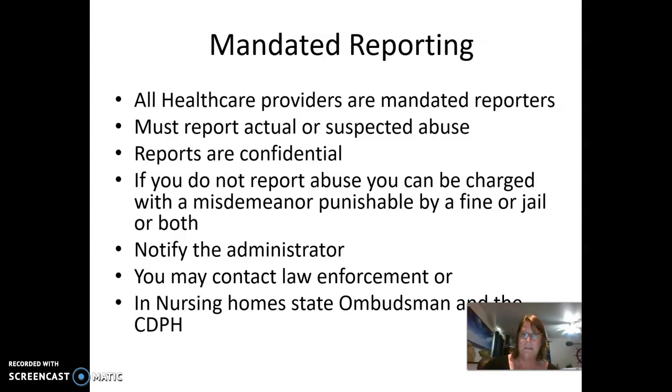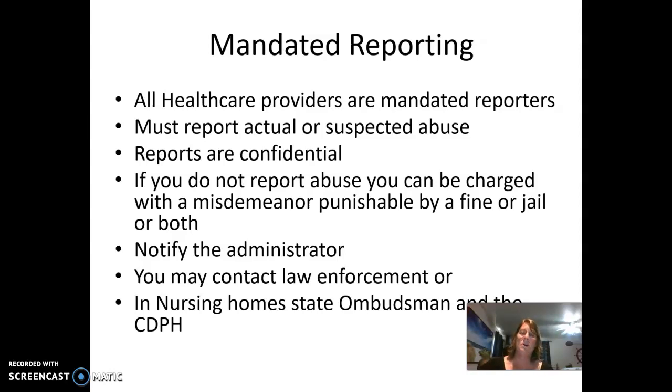These people take a class in how to be an ombudsman, how to make sure they're facilitating patients' rights. They help mediate issues and problems between patients and facilities. All facilities will have an ombudsman available, and anybody who goes into that nursing home can contact the ombudsman. So our mandated reporting is going to be to the ombudsman or law enforcement.